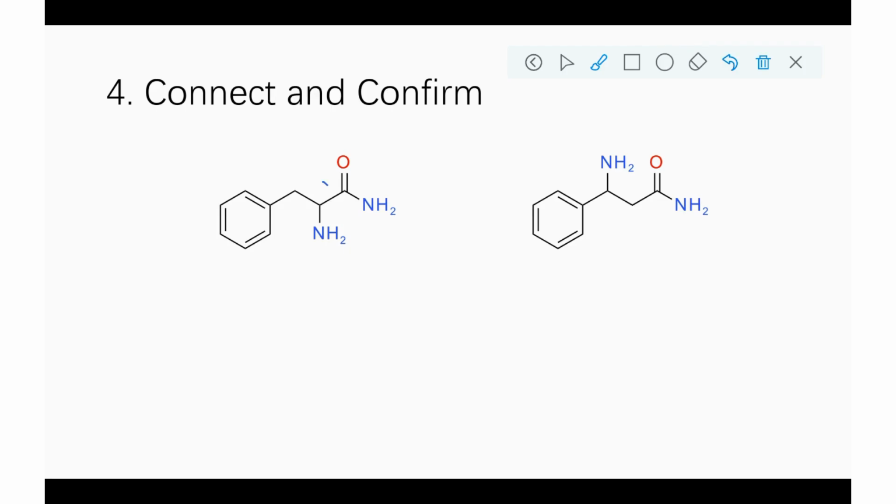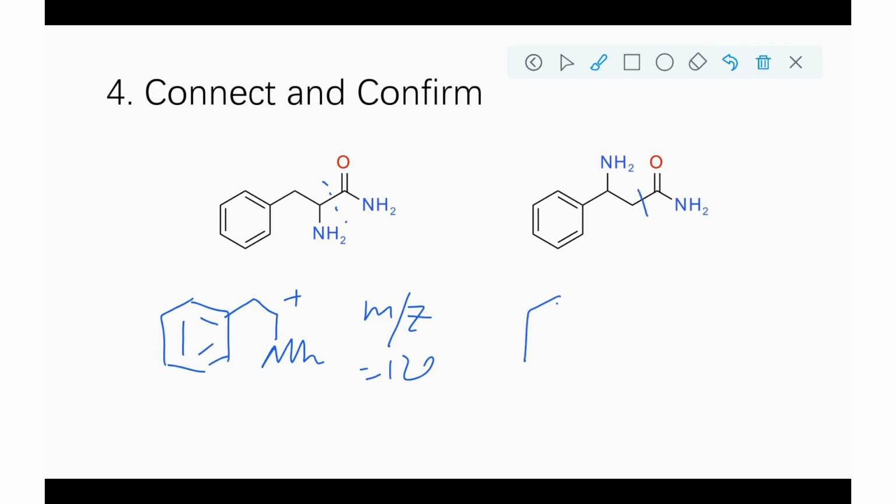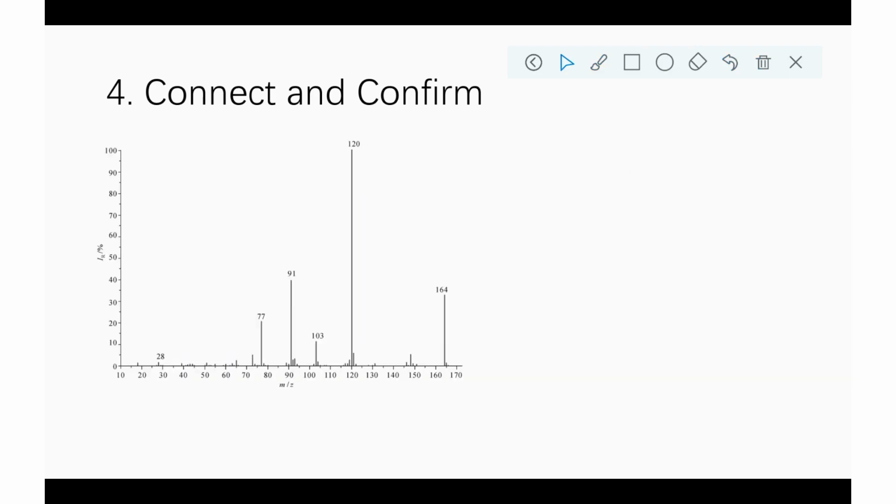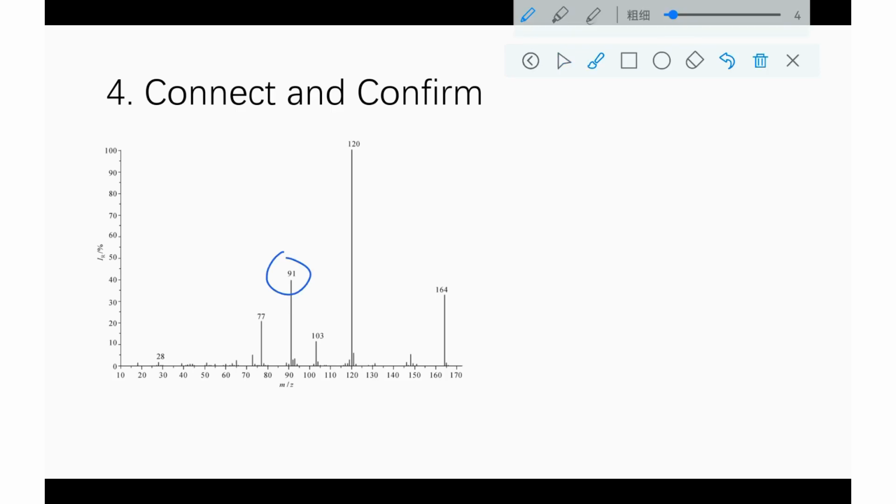So for structure 1, the bond is going to break here, and we'll have this ion. And for structure 2, the bond is going to break here, and we're also going to have this peak. So what's really going to help us find the correct structure is the peak at 91.